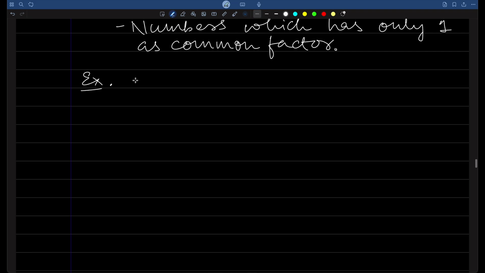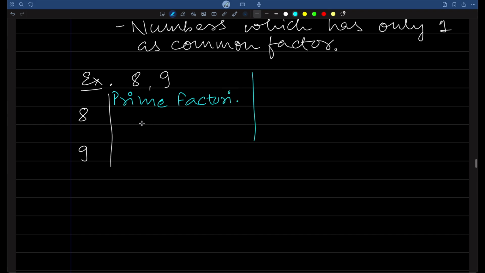Let's say, for example, if I take 8 and 9, prime factorization of 8 is 1 into 2 into 2, and we have prime factorization of 9, that is 1 into 3 into 3.